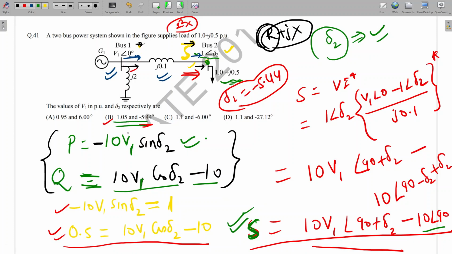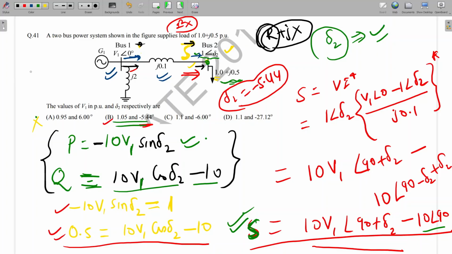So in the exam, without solving also, we can eliminate options. This will not be the final answer since the angle is positive, so this will be discarded. After that, V1 into V2 into sin delta should be equal to 1 per unit, only the sine will come.